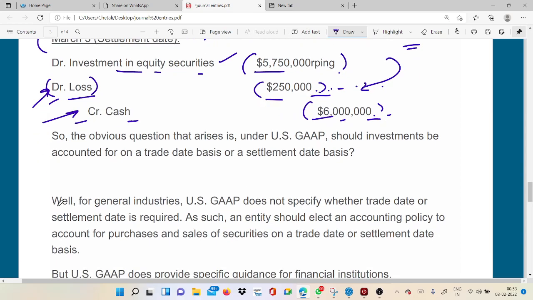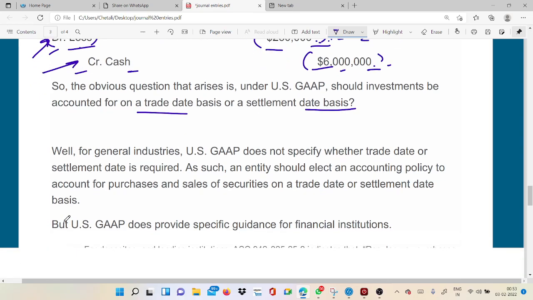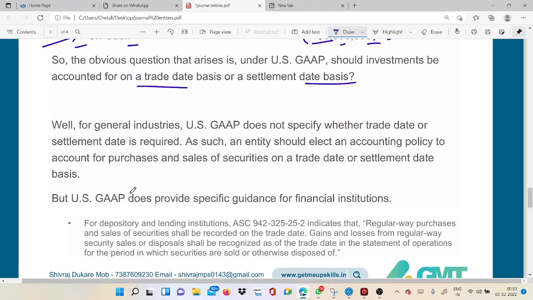So the obvious question that arises under US GAAP: should investment be accounted for on a trade date basis or settlement date basis? Well, for general industries, US GAAP does not specify whether the trade date or settlement date is required. This is important for the discussion.